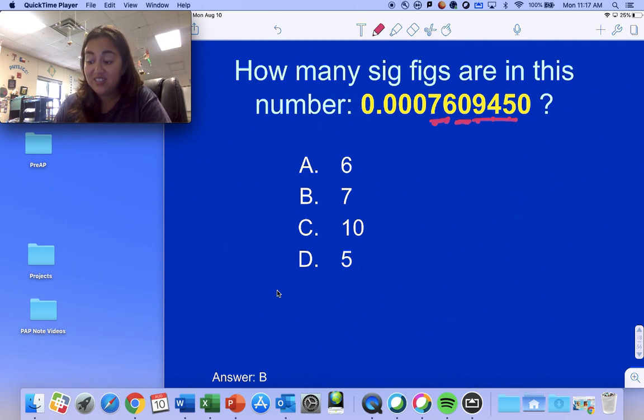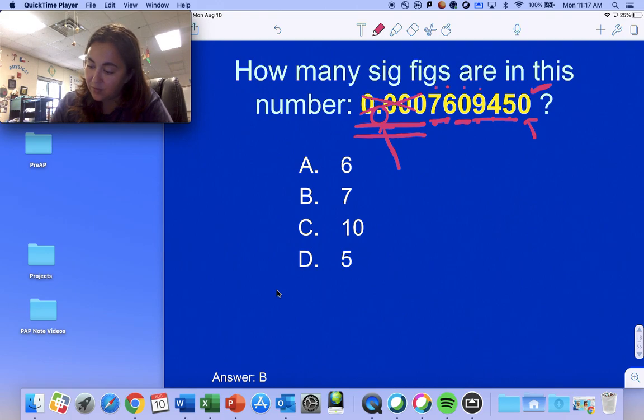So we can say we at least have 6 significant digits. Leading zeros, zeros that are at the beginning of a number, even though there's a decimal, never count. So none of those matter. Ending zeros only matter if there is a decimal in the number. And there is. So this 0 is significant. So I would say 1, 2, 3, 4, 5, 6, 7 sig figs in that number.